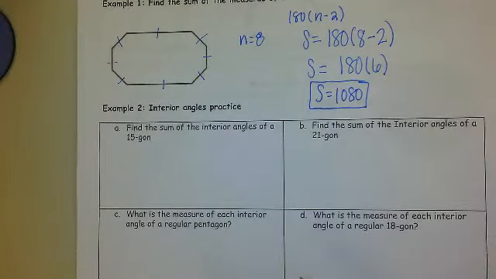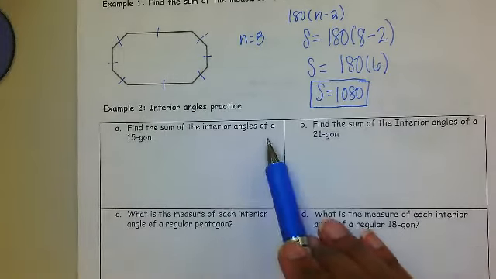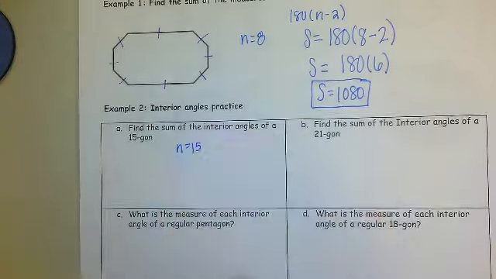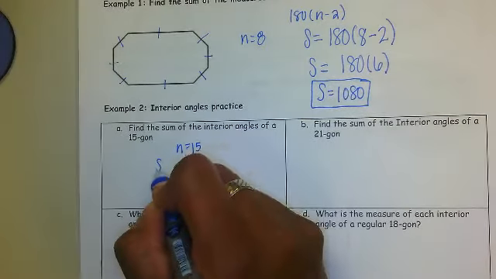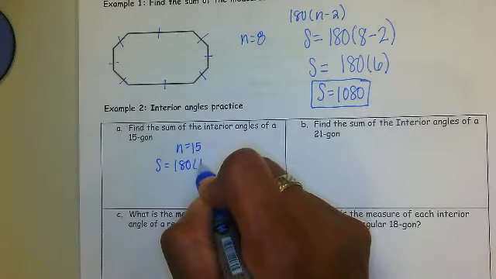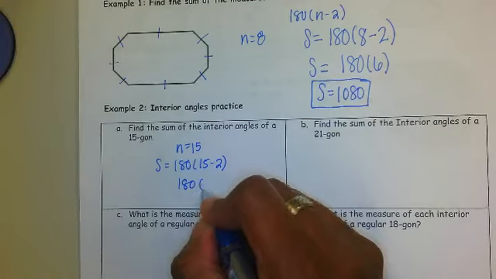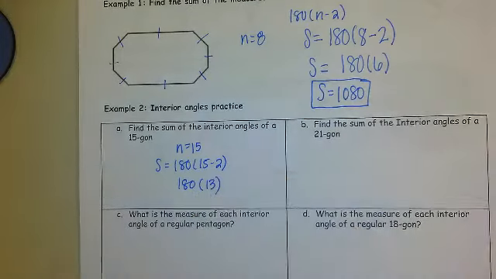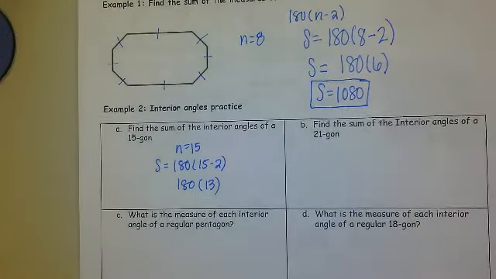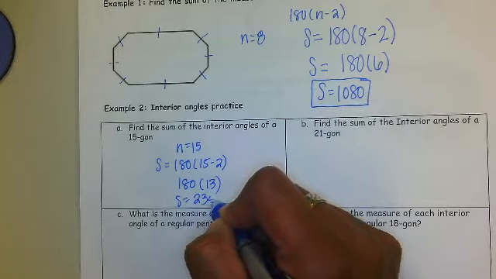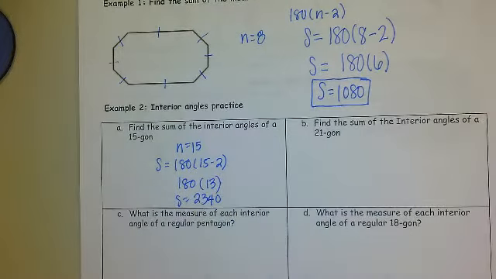Interior angles practice. Find the sum of the interior angles of a 15-gon. That means n equals 15. So our sum equals 180 times 15 minus 2, so 180 times 13, which gives me 2340.